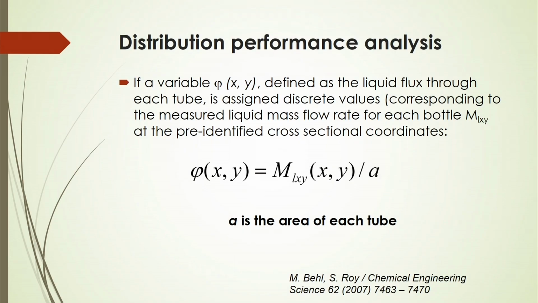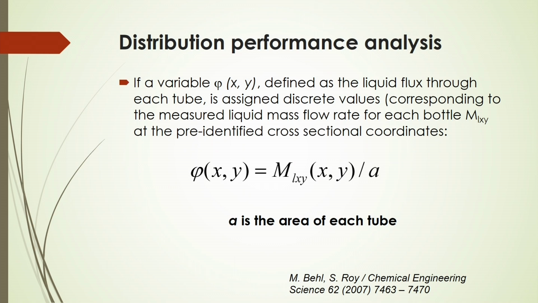Now, how will you do the distribution performance analysis based on the distribution of the liquid? Consider a variable phi, which is a function of x and y, defined as the liquid flux through each tube. It is designed with discrete values, assigned as those discrete values corresponding to the measured liquid mass flow rate for each bottle.